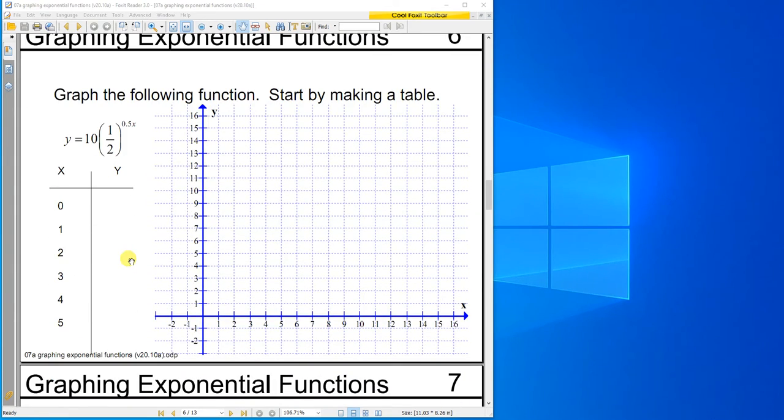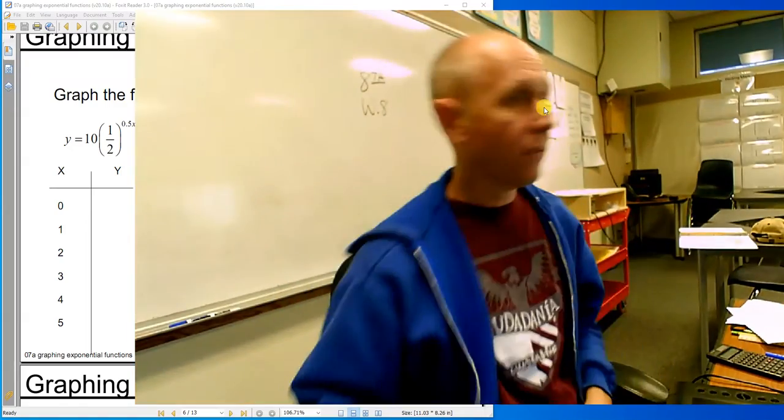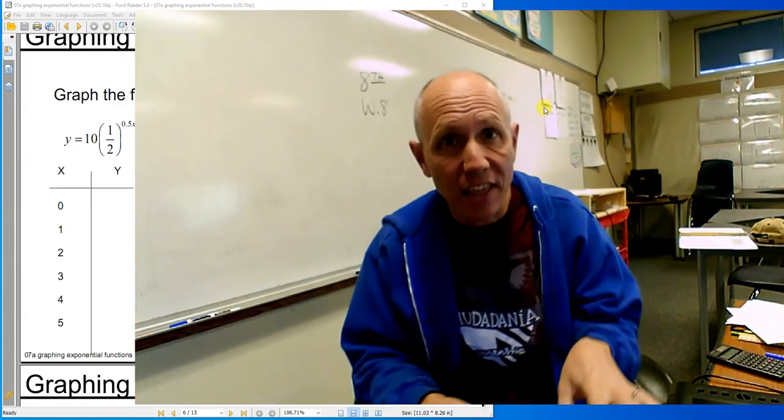We're going to graph this function. I want you to remember earlier in this class that I told you early on, you can graph anything. I want to emphasize this. You can graph anything.